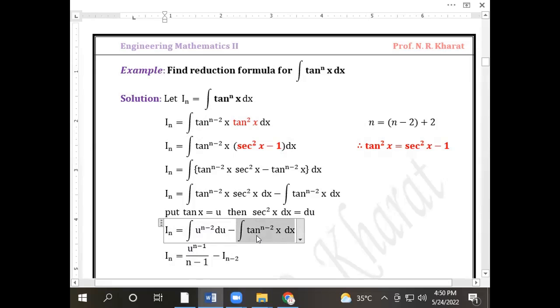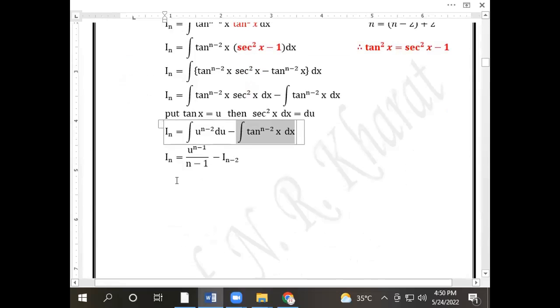And on the right hand side, the second term, tan raised to n x dx, is I_n. The index of tan is n, so we denote this I_n here. In this integration, the index of tan is n minus 2, so we assume this particular term is I_(n minus 2).